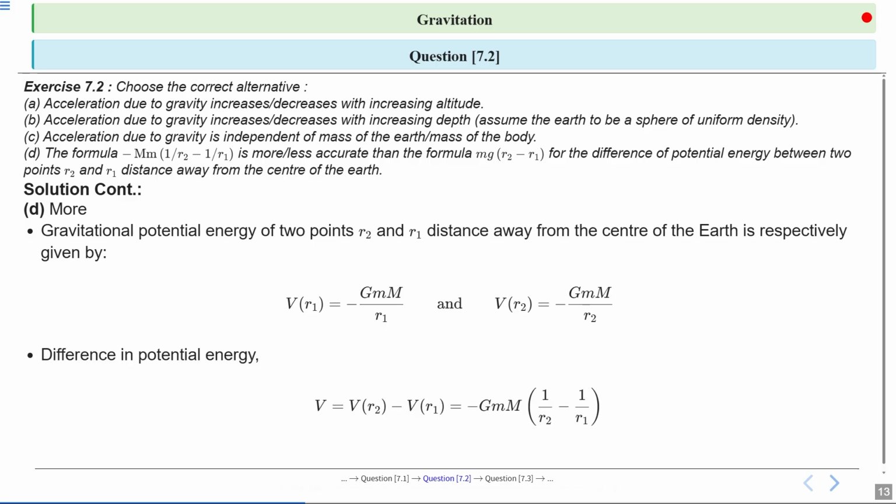So the difference in potential energy between these 2 points is ΔV = V(r2) - V(r1). When we substitute the values, we get ΔV = -GMm (1/r2 - 1/r1). Hence the formula is more accurate than the formula mg (r2 - r1).